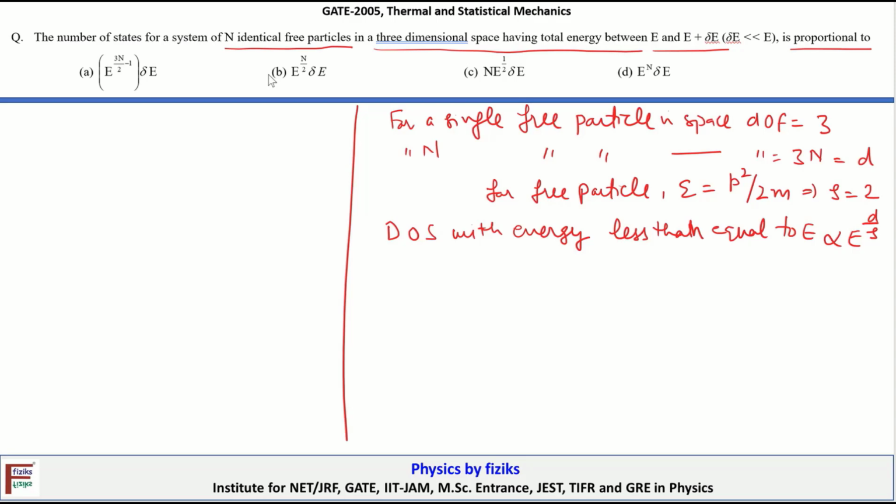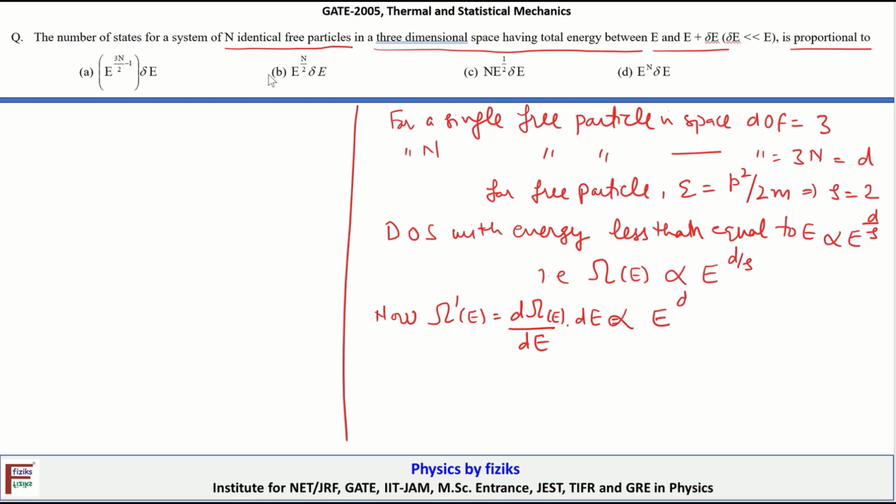It is written as omega E, which denotes the number of states with energy less than or equal to E, proportional to E power d by s. Now the density of states in the energy range E to E plus delta E is denoted by omega dash E, that is equal to d omega E upon dE multiplied by dE, that is proportional to E power d by s minus 1.